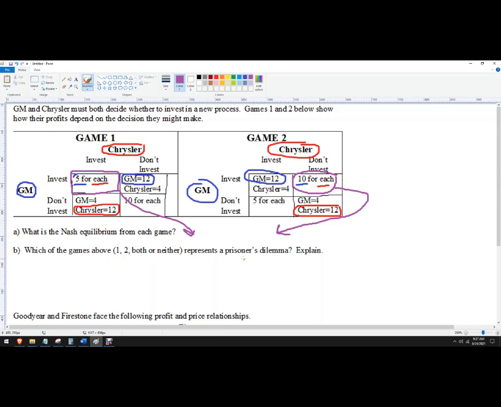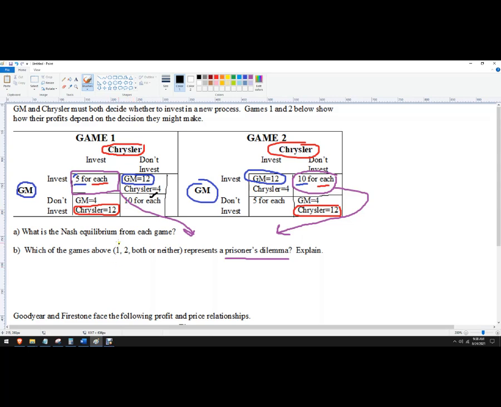Which of the games represents a prisoner's dilemma? Prisoner's dilemma is a situation where both parties, by choosing the competitive outcome, end up worse off than if they would have cooperated. So in the first game, they both get 5. Those two would be better for one party but not the other. But this is actually the best outcome right here, where they both got 10. Well, they're not going to pick that.